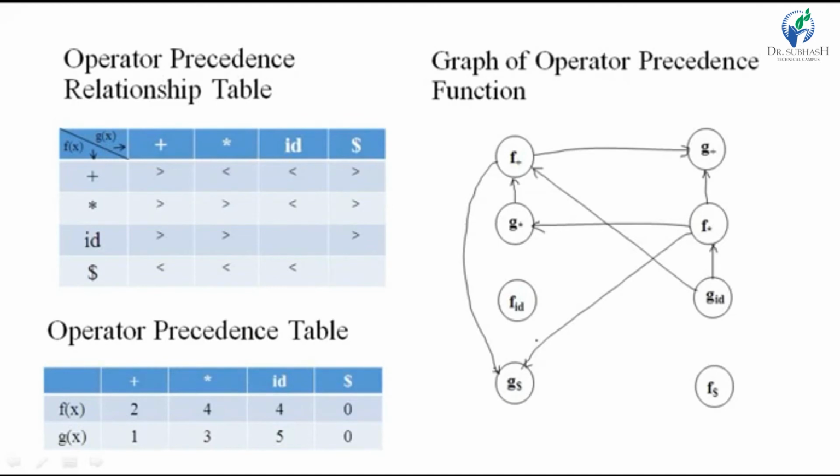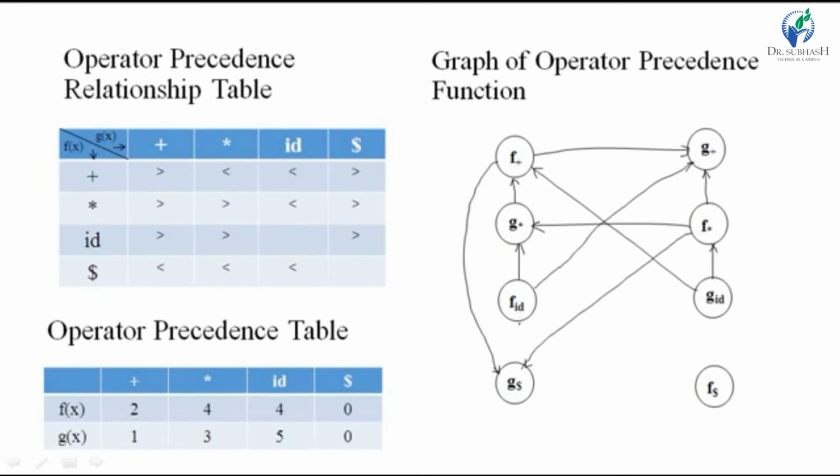F ID to G plus. G plus is a higher precedence. F ID to G star. F ID to G ID, no relation. F ID to G dollar.